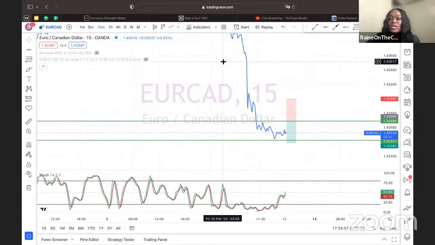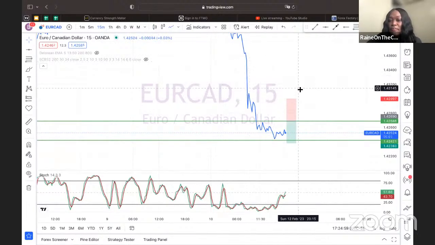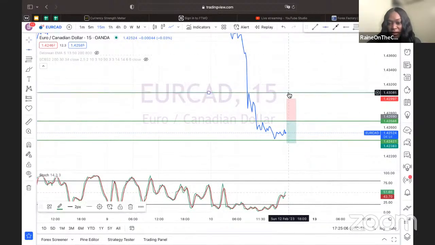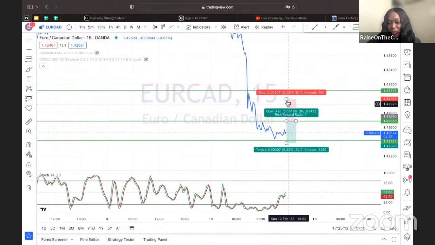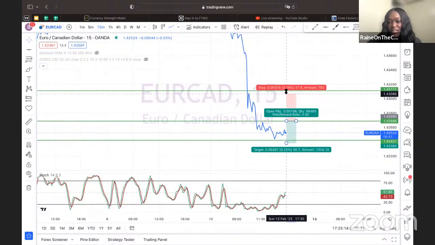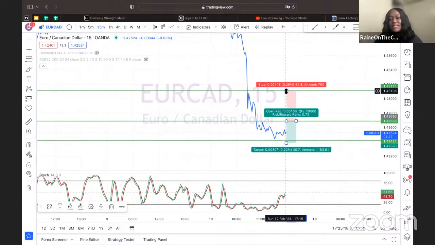So I want to look to see where my pullback could be. So I may think that it could come here, right? So I can put my stop loss right there. So that's 41 pips. So that could be a 40 pip stop loss.